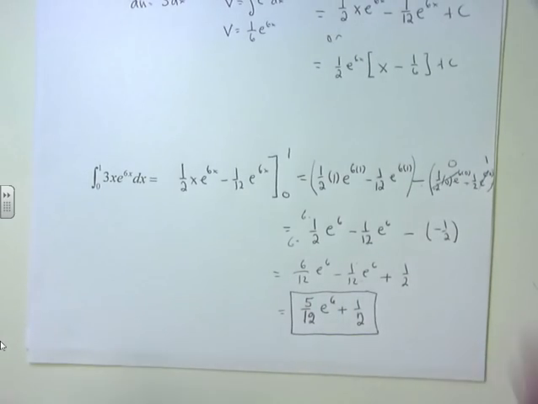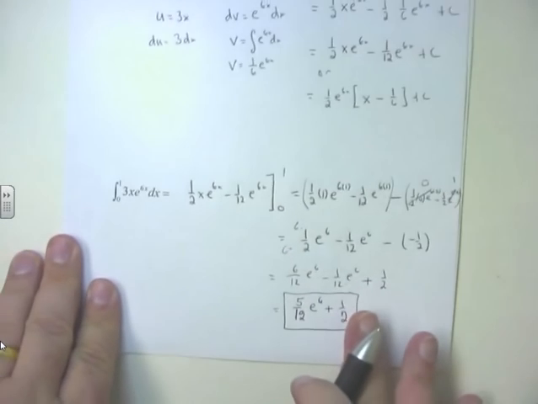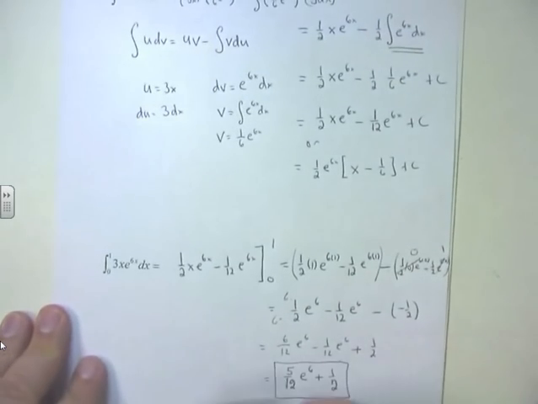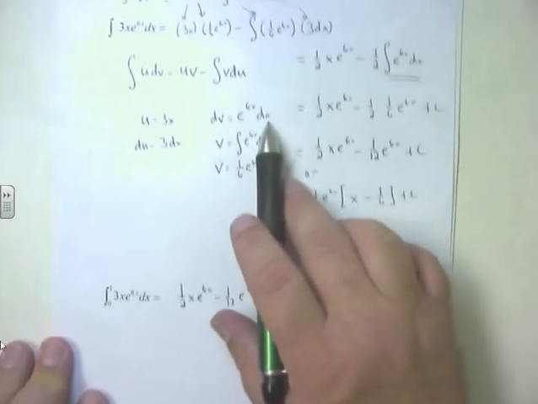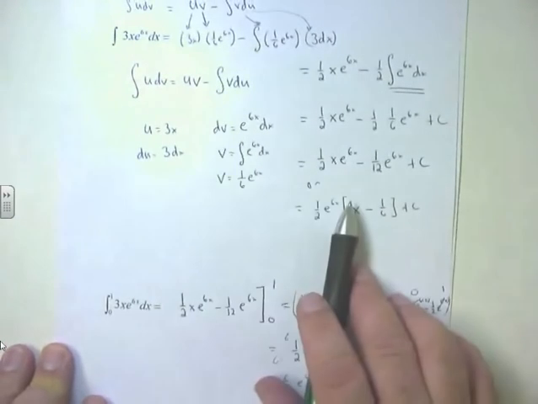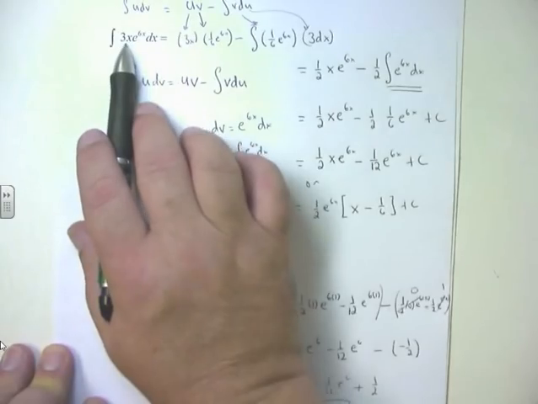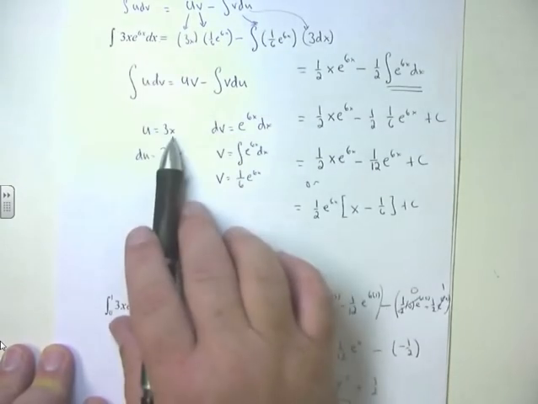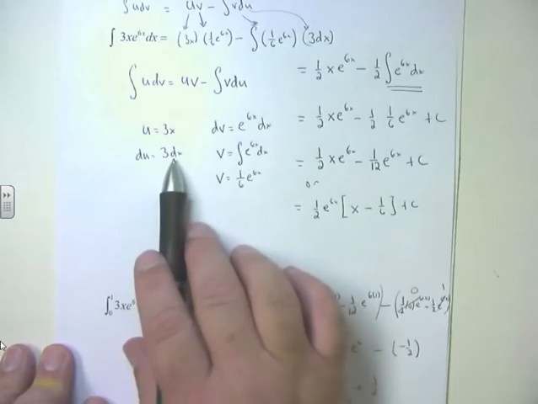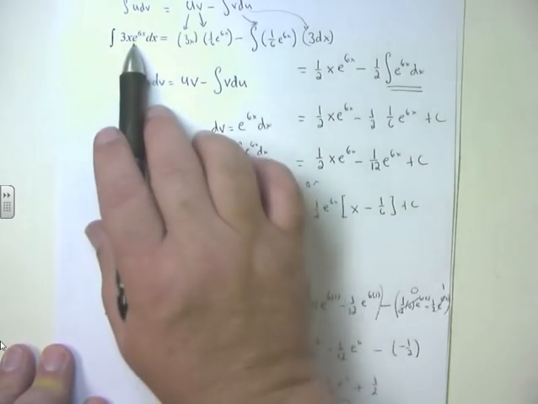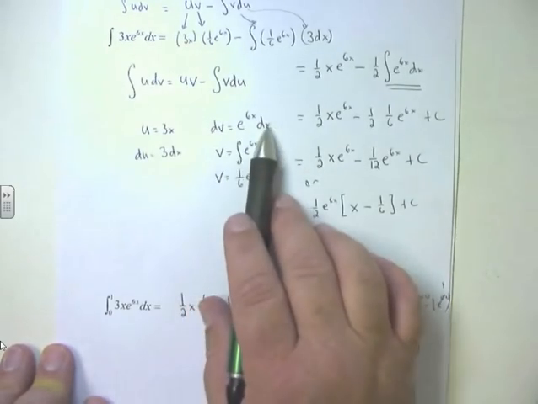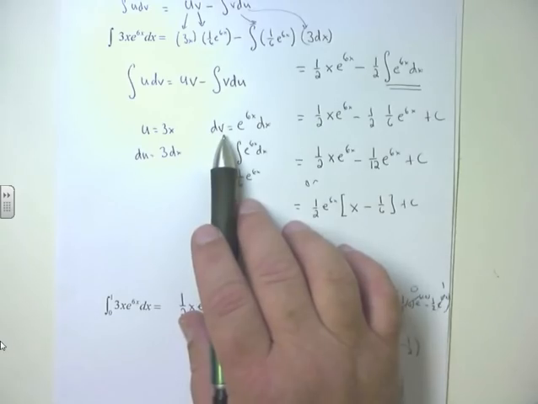So, when you're integrating, the key to it is, when you got bounds, you still have to integrate. So all this work was to integrate this guy. And again, because u substitution doesn't work and it looked like a product, I let u equal 3x. That makes du equals 3 dx. Let dv be e to the 6x dx. And you always make sure you let dv be something you can integrate.